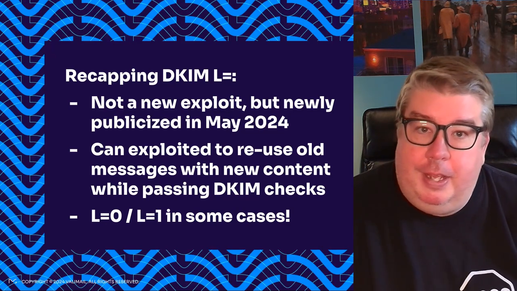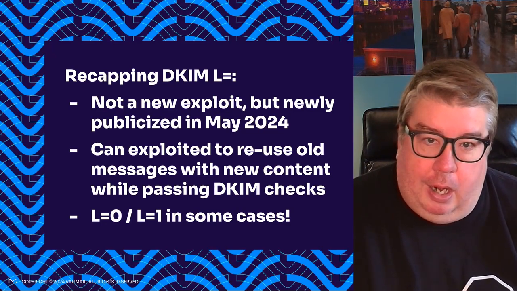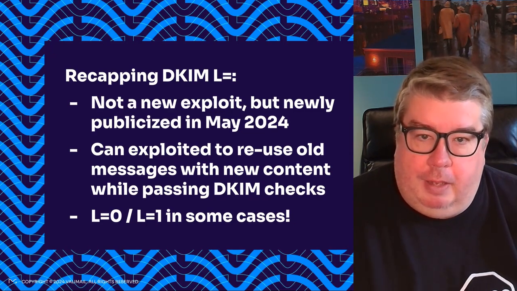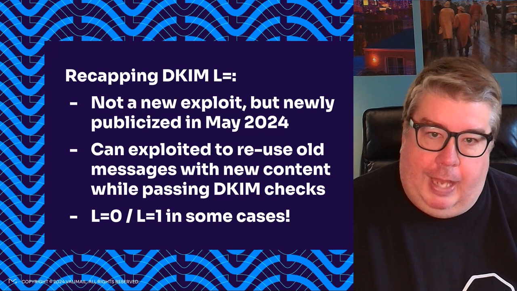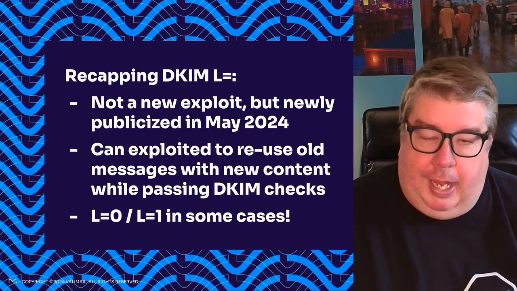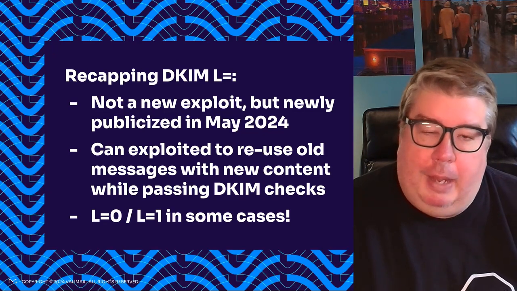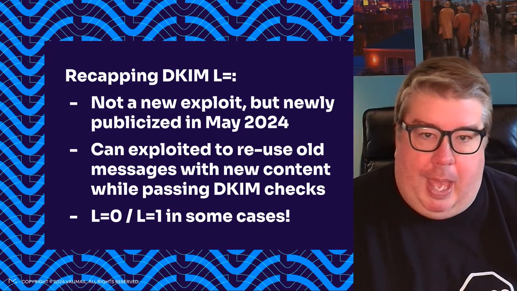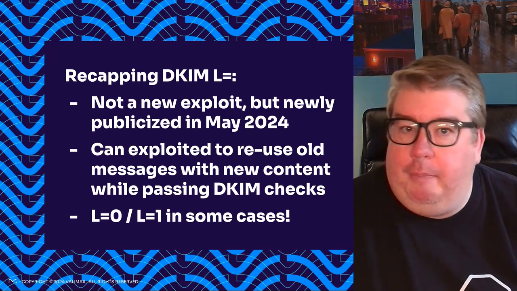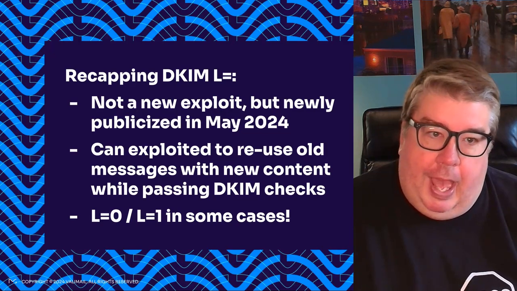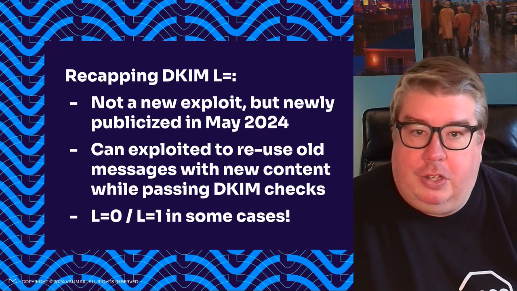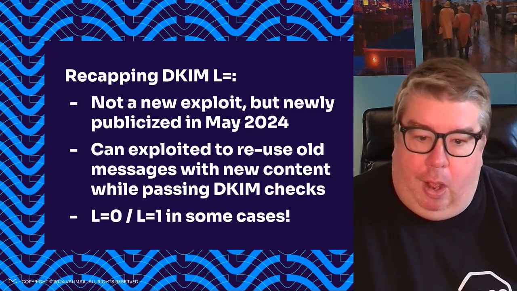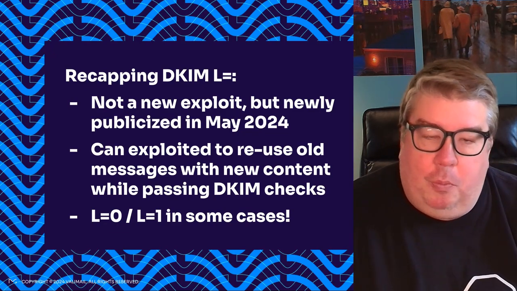And in one case, an email service provider had their outbound mail servers, MTAs, so poorly configured that all the mail they were sending had this L equals 0, where they were not protecting the message body at all. And any bad guy could pick up a message, change the body content, and resend it, and have it pass authentication checks, doing big time damage to a sender's deliverability and exploiting authentication in a way that we don't really want to allow. And so that's what came to light back in May.